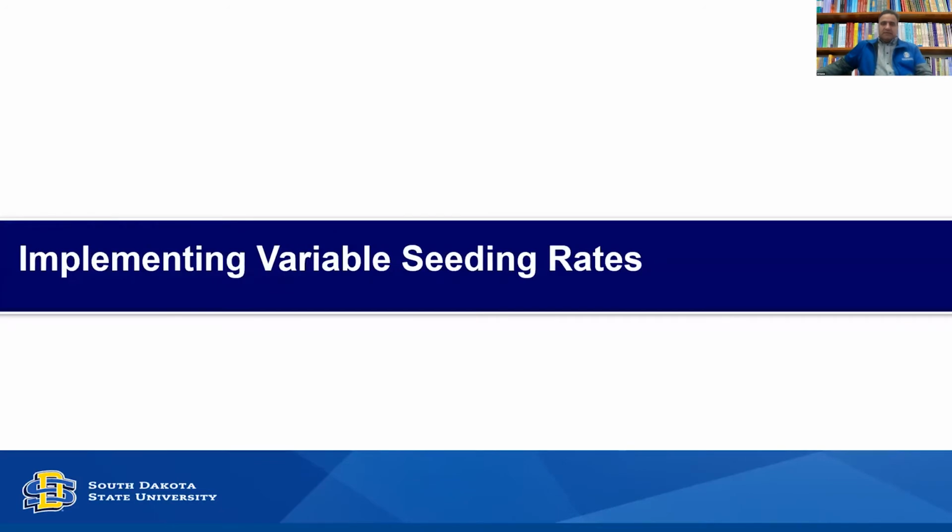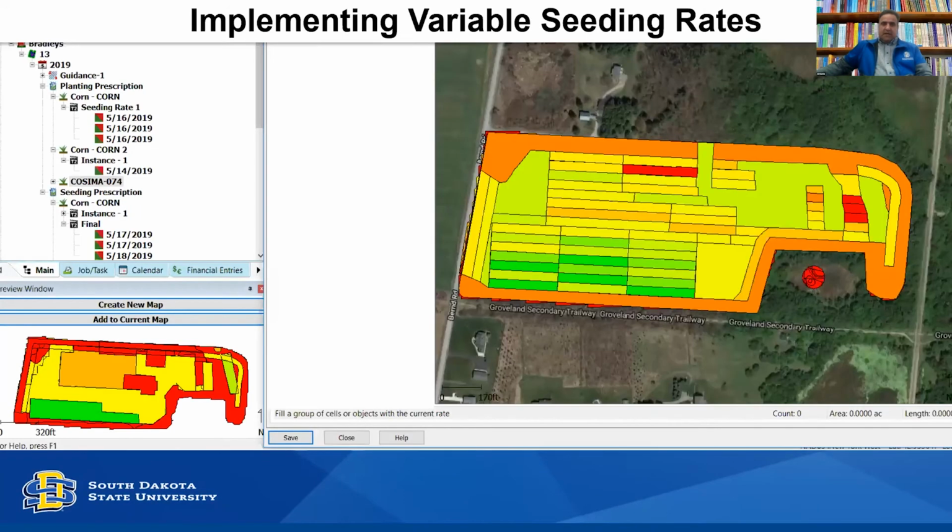So, implementing variable seeding rate. By now, we know precision agriculture is a concept of farm management that utilizes observations of measurable variabilities on a farm. And optimum levels of inputs are defined to reduce negative environmental impact while maximizing profits.